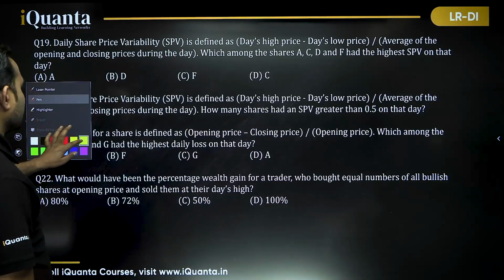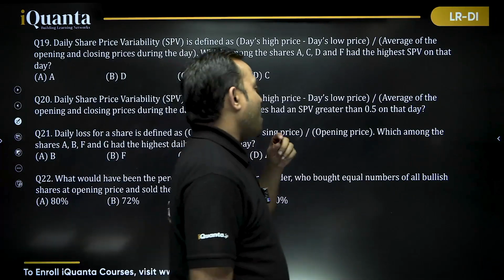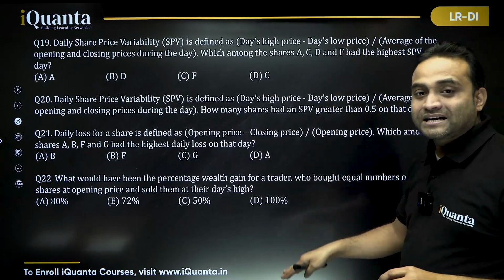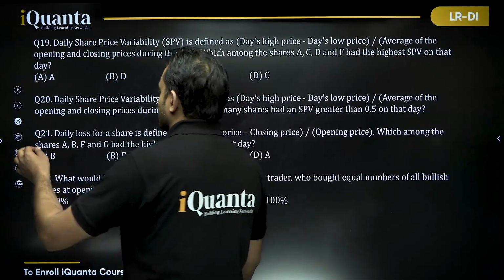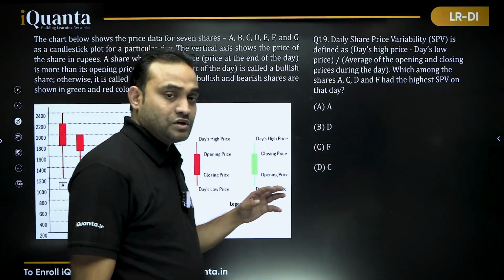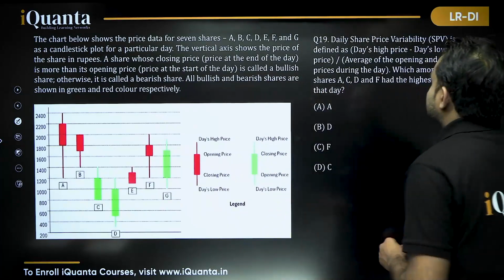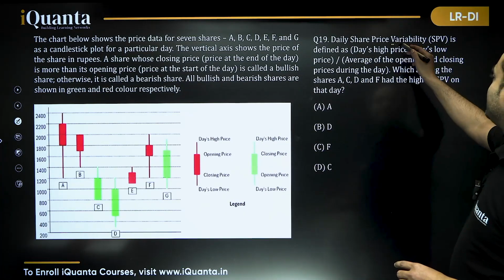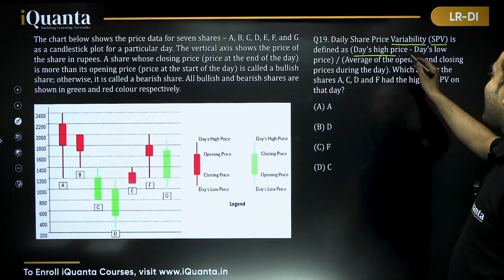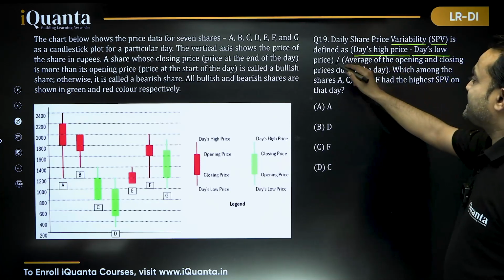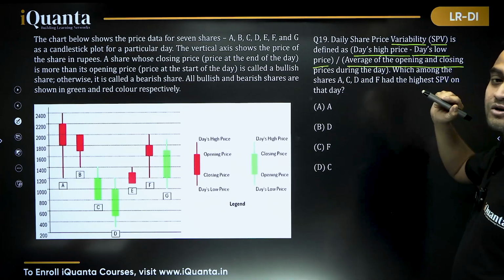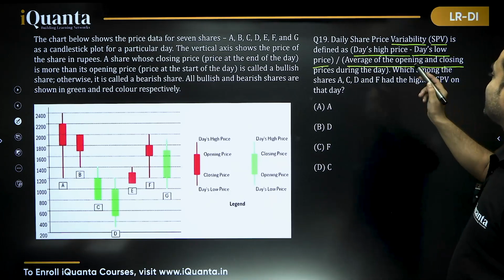Because if you check the questions, all the questions are basically based directly on the graph. You don't need to deduce anything before you can solve the question. So question number 19 says daily share price variability SPV is defined as days high price minus days low price divided by the average price of opening and closing prices during the day.